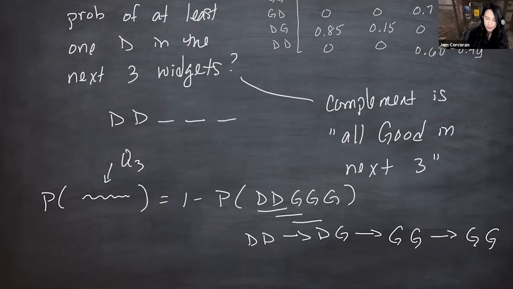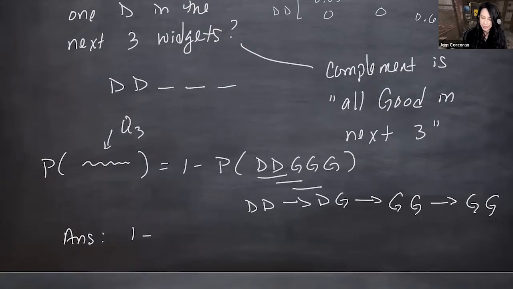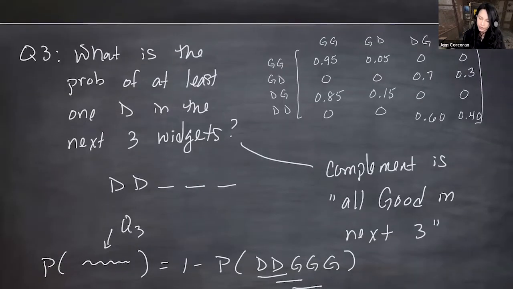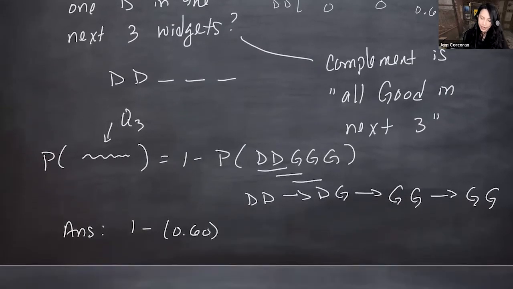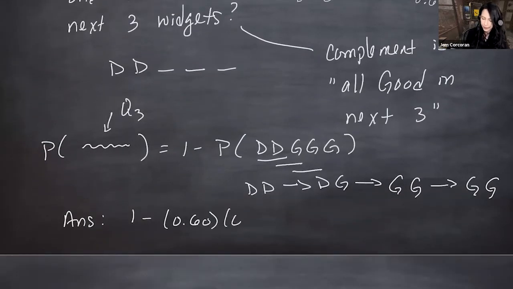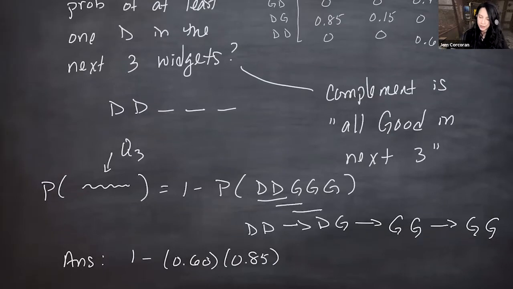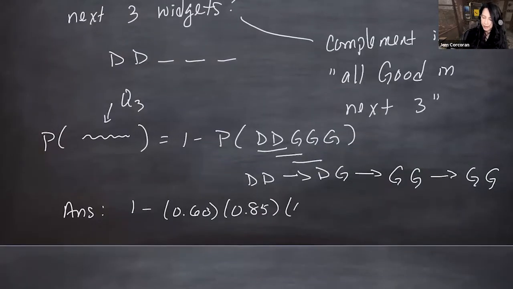Okay, so the answer here is 1 minus, and then defective, defective to defective, good is 0.6. Defective, good to good, good is 0.85. And good, good to good, good is 0.95.